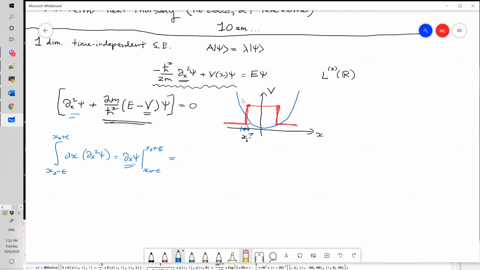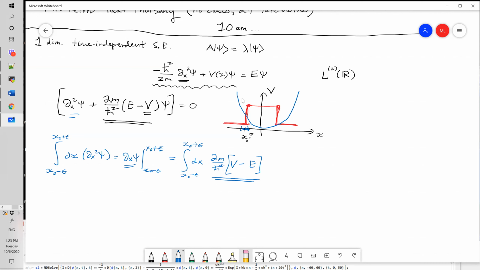And this should be equal to the integral across the jump of 2m over h bar squared times V minus E. If we think about this, there are no derivatives here.